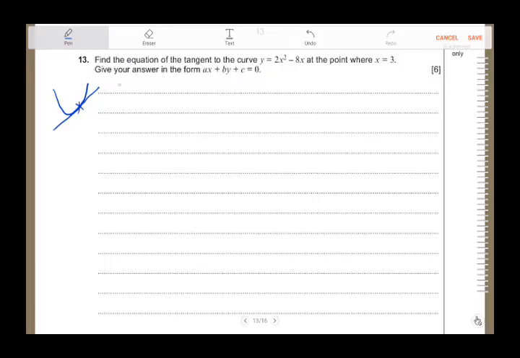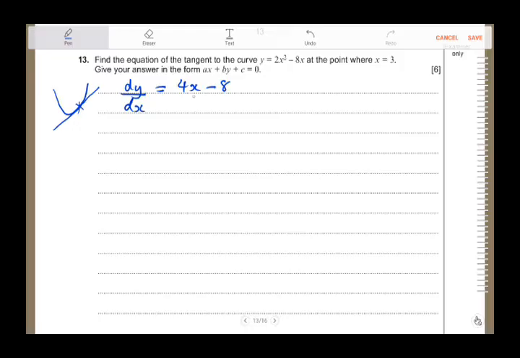Now to find the gradient of the curve, we use dy by dx, because that basically stands for difference in y's over difference in x. The differential then of 2x squared is 4x, and of minus 8x is minus 8. So this is a little formula for working out the gradient anywhere on the curve 2x squared minus 8x.